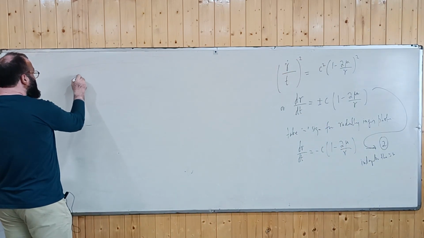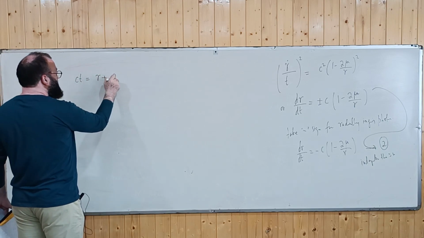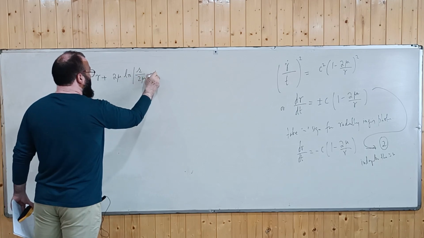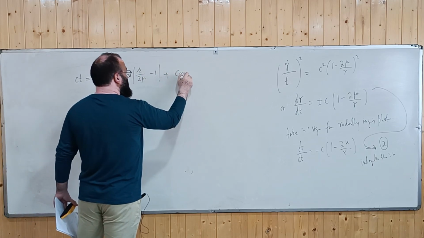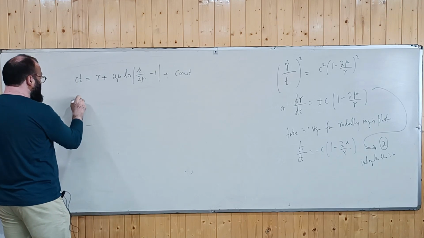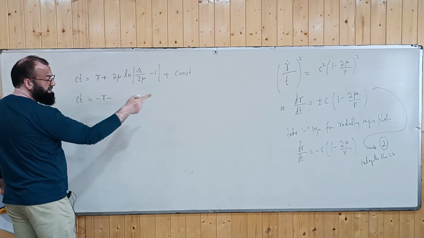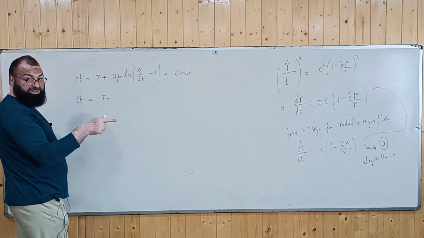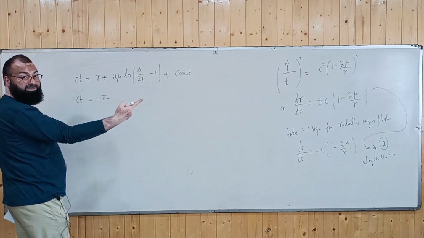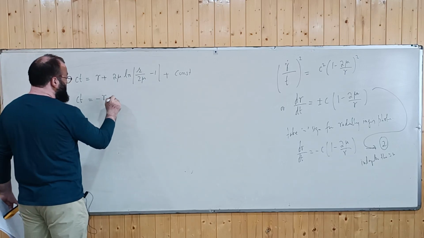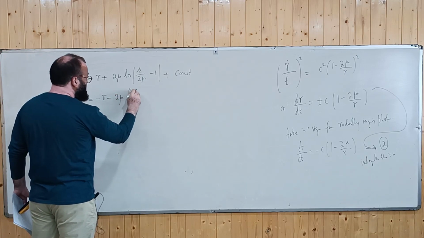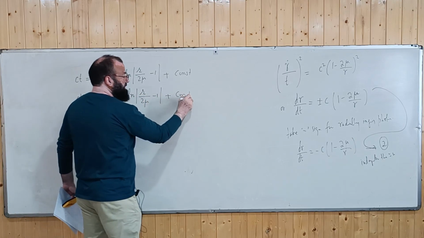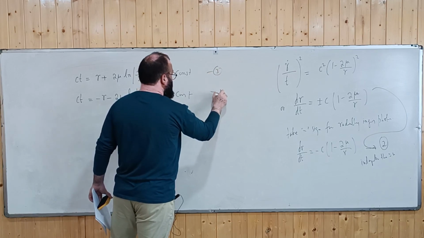So I'll get ct is equal to r plus twice mu natural log of r by 2 mu minus 1, plus a constant of integration. Then ct is equal to minus r, because of that minus c, plus some constant. I'll have two solutions because it carries plus and minus. Let's call these the third and the fourth.